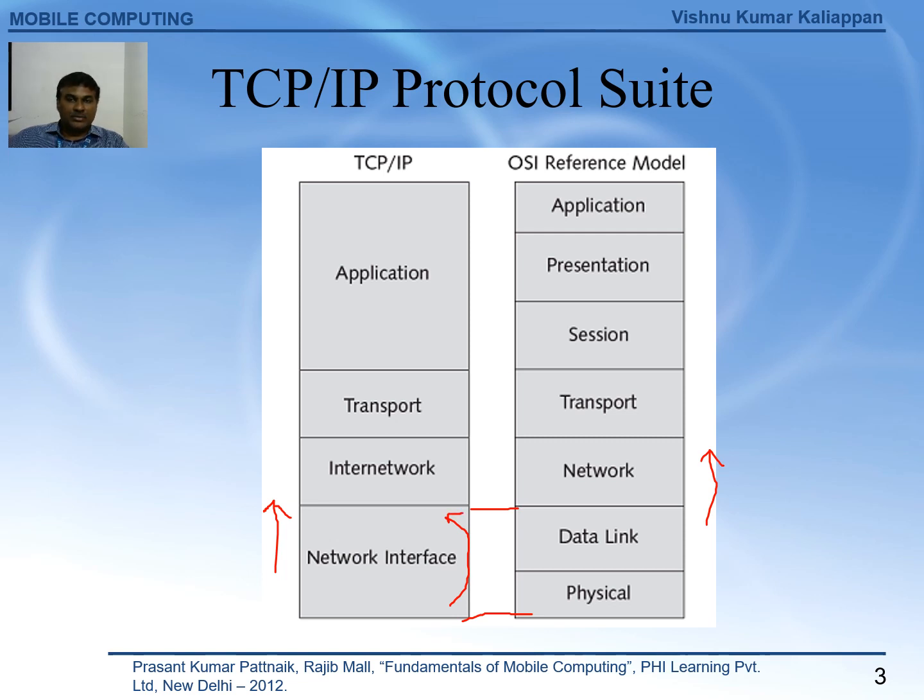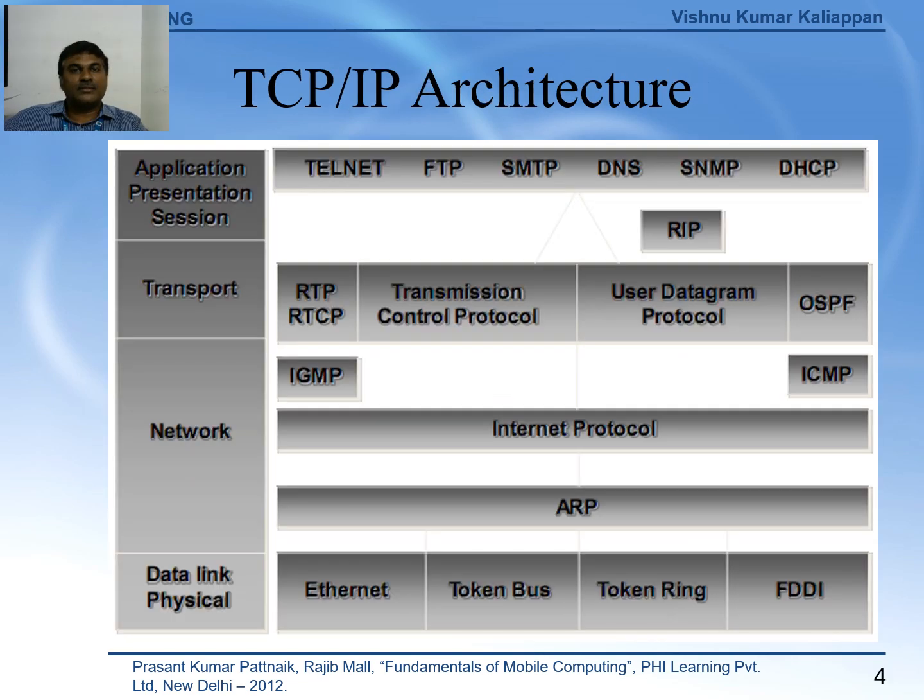The network layer is the inter-network layer, and transport is the same as transport. But on top of the transport layer, all the layers put together, that is session, presentation, and application, we call the application layer.